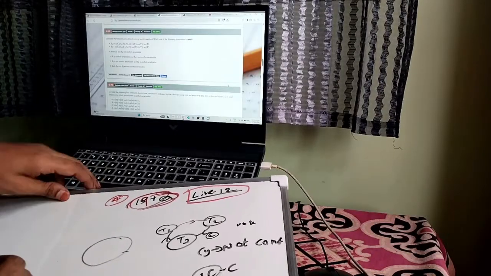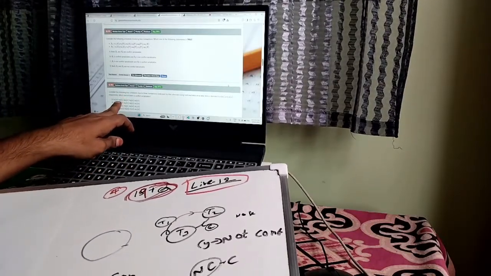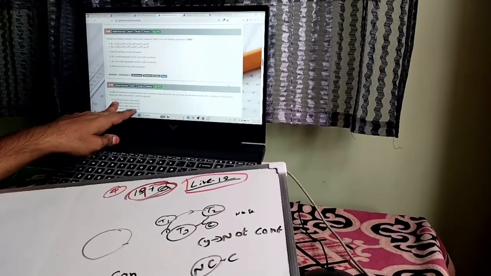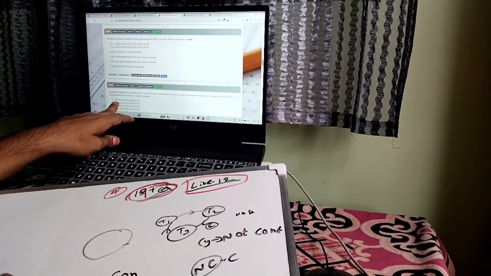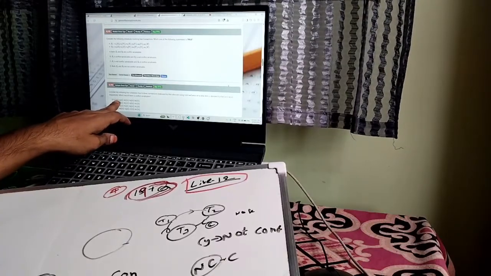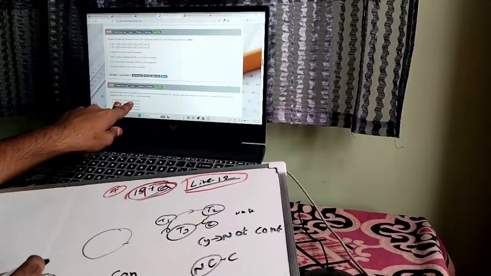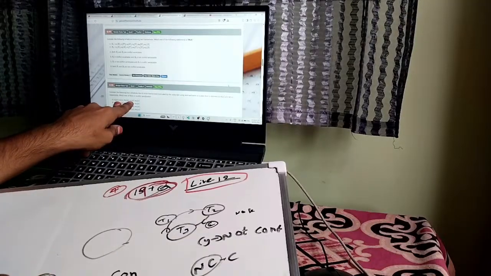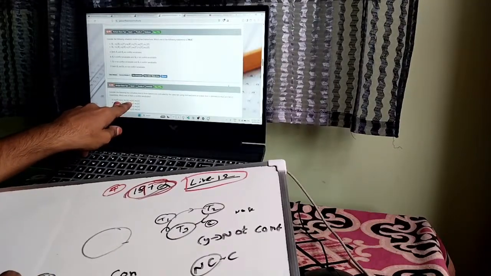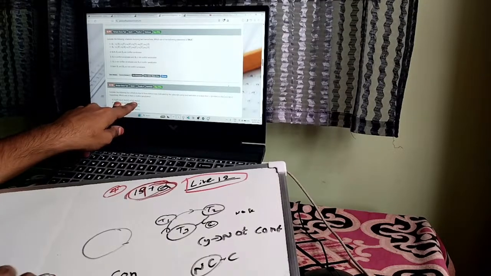Okay, let us do R1 first. Let's go one by one. R1, then 1, 2, 3 on X. Then R3, 1, 2, 3 is there and 2 is also there.